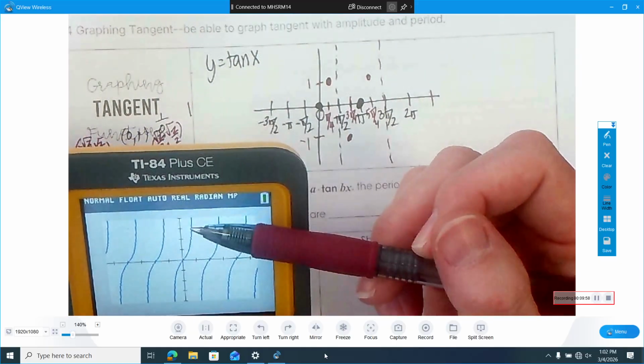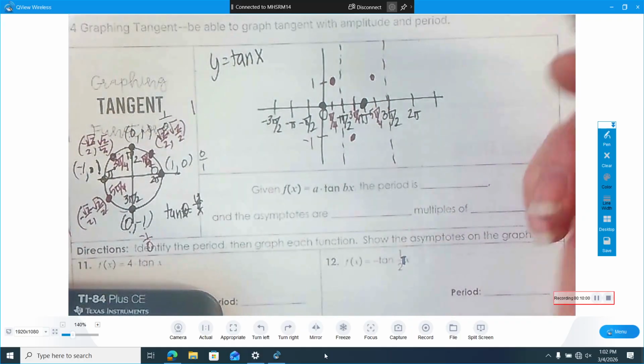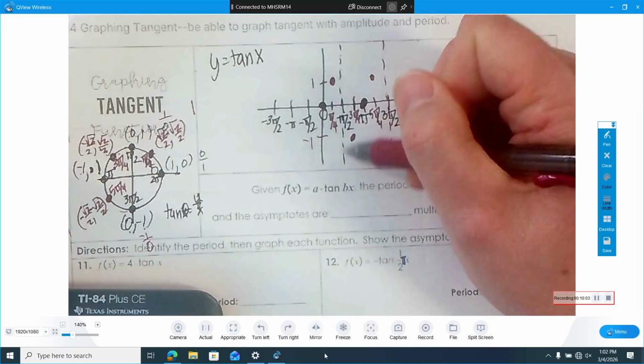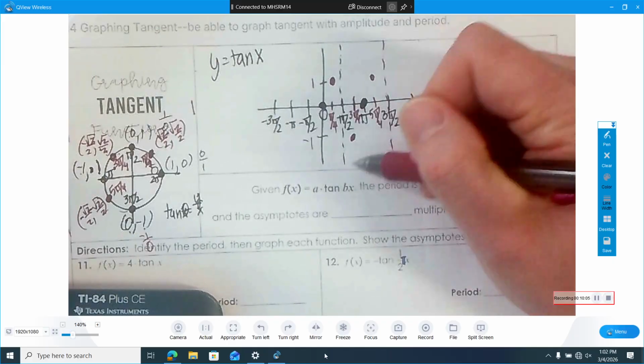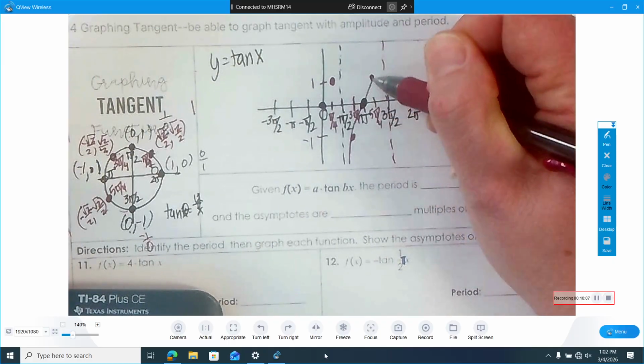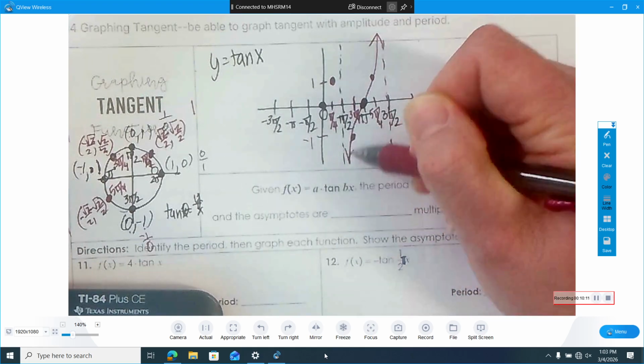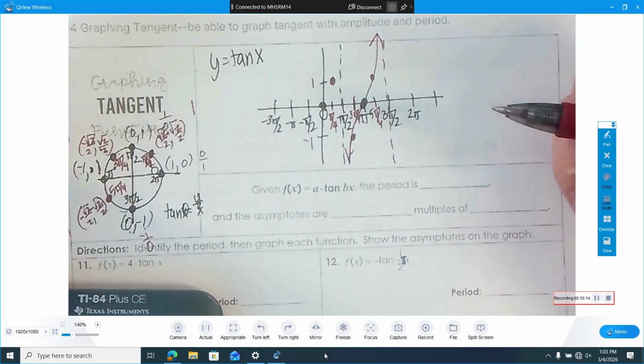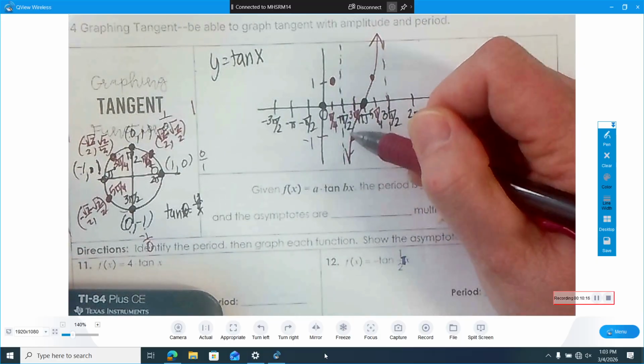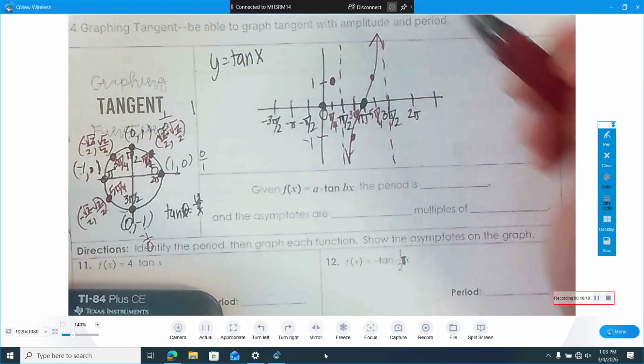But you can see right here we've got an asymptote. That's our asymptote here at pi over 2. So our tangent function is this increasing function. It starts on the left side of the asymptote and grows towards the right side.